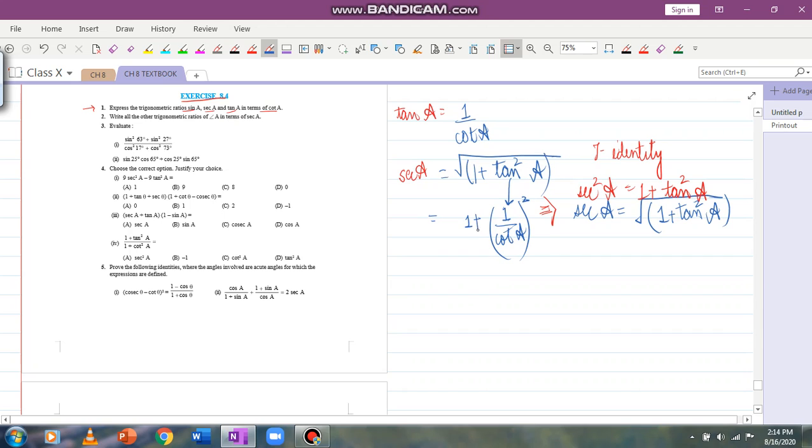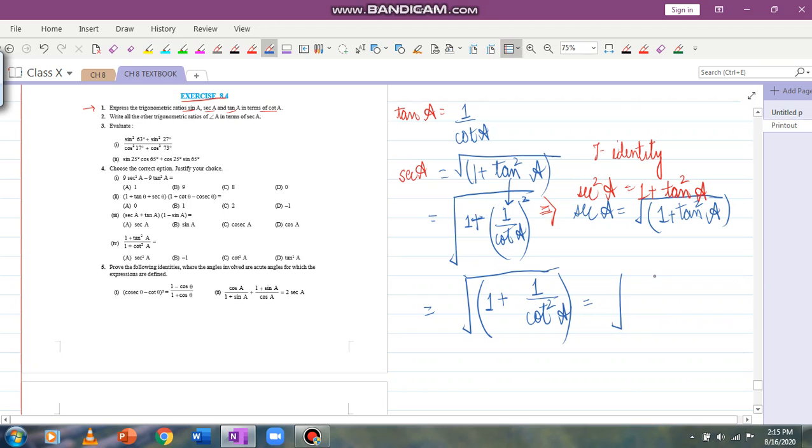Rest of the expression is same, so I've got 1 plus along with it and it's under the root. Let's simplify the square root. In the square root I've got 1 plus 1 over cot square A.